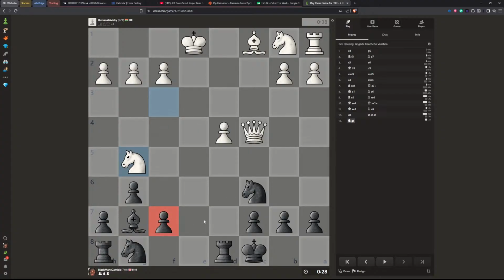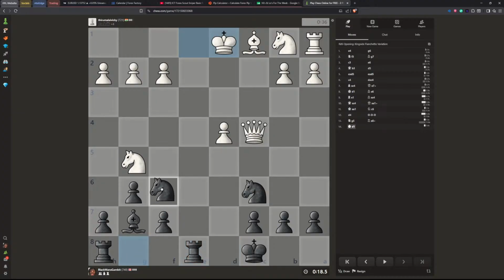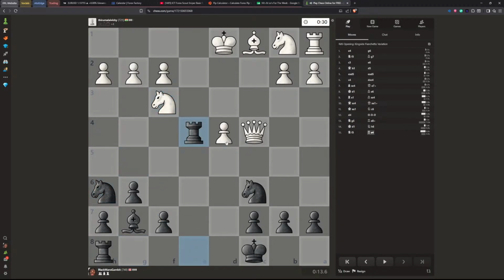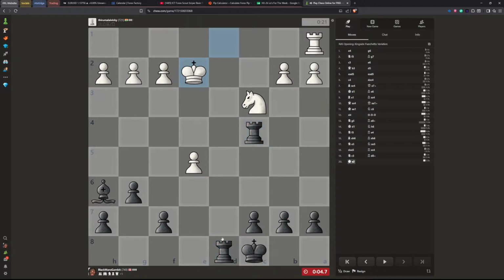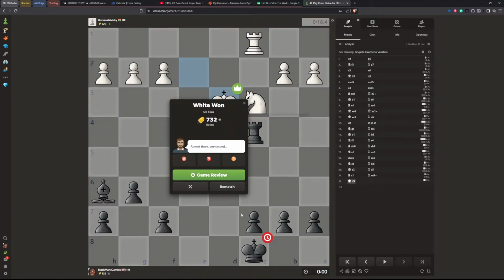Let's check first, and then we go and move the knight, and then pin him to the pawn. Oh my! Why am I taking so long? One more.